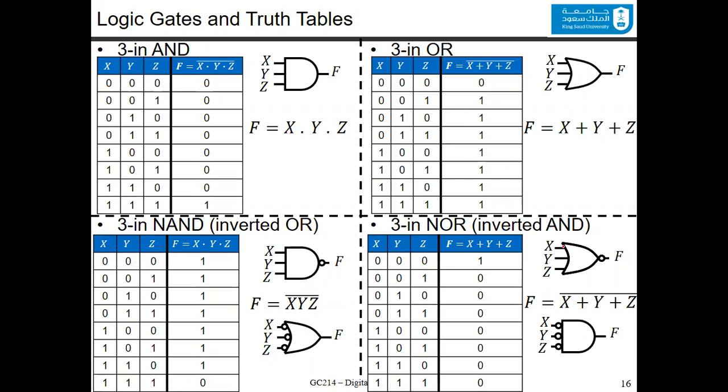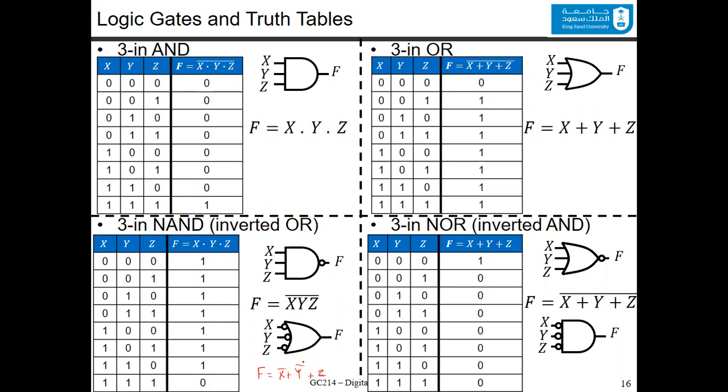So NORing 3 values is like ANDing their inverted inputs. We will study soon the Boolean algebra, and you can see that this function here is x bar, y bar, z bar.